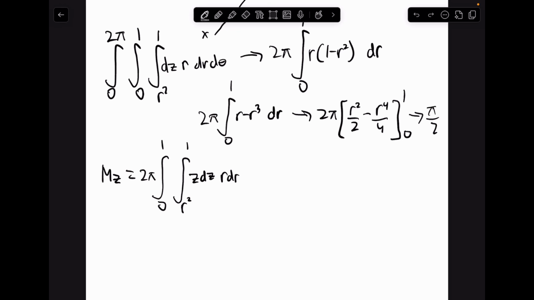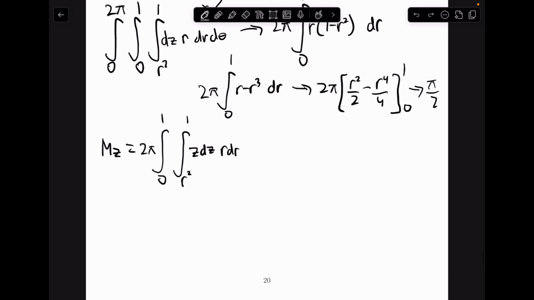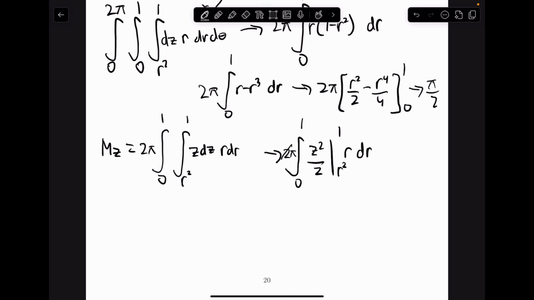So we integrate z, we're going to get 2 pi staying, 0 to 1, z squared over 2 from r squared to 1, and this is all r dr. Okay, and I'm going to cancel out that 2 because it doesn't matter in our case.